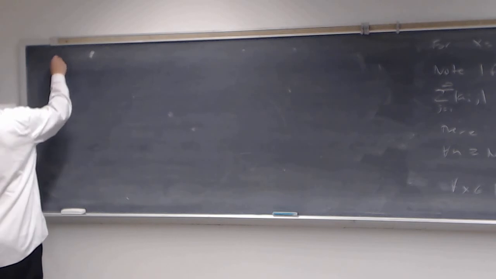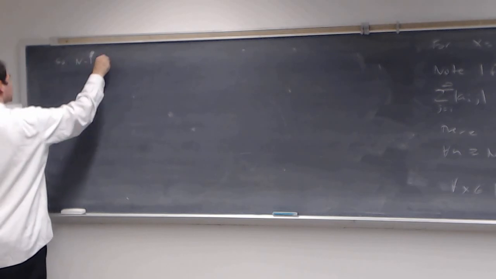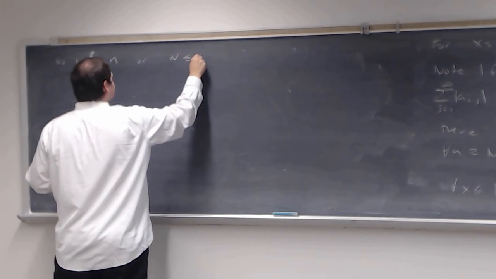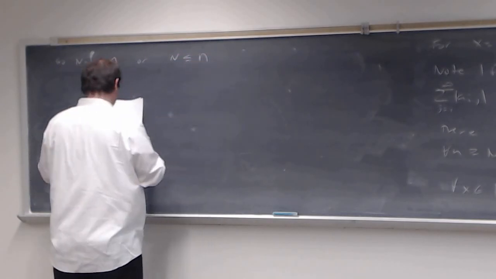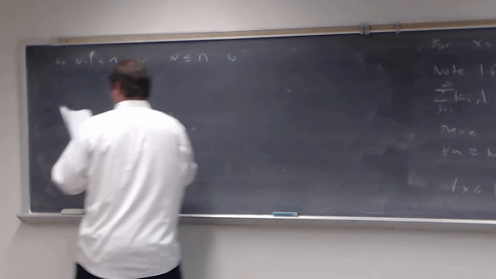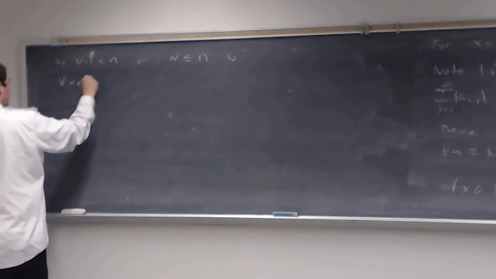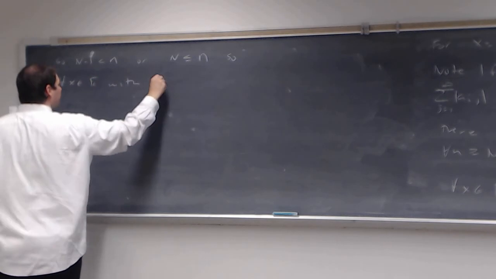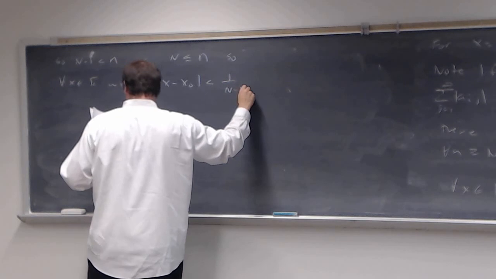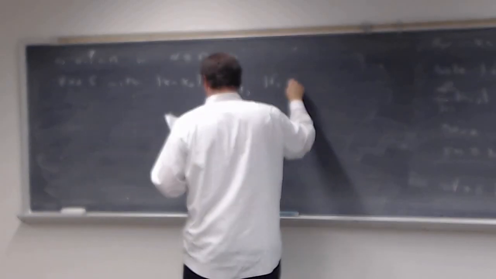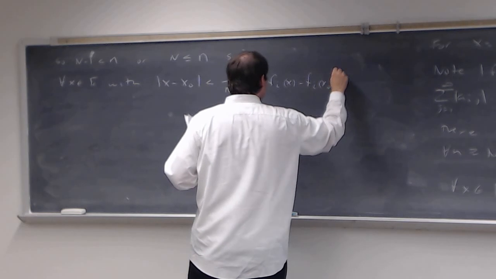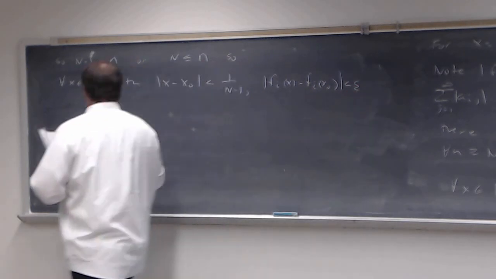So that says that N minus 1 is less than n, or that N has to be less than or equal to n. Okay, little n. And so for all x in E with the norm of x minus x naught being less than 1 over N minus 1, the absolute value of f sub i of x minus f sub i of x naught will be less than epsilon.